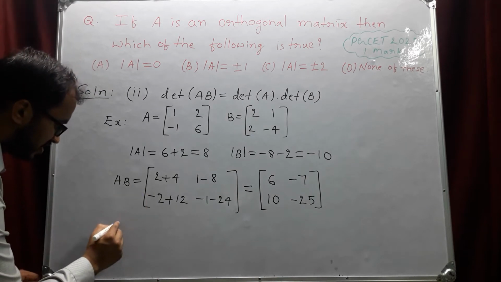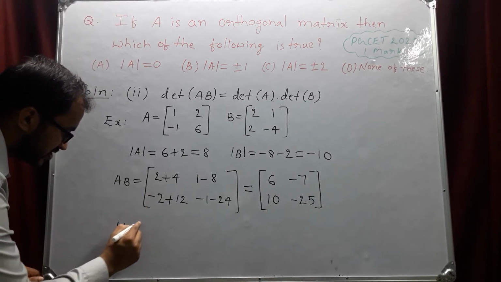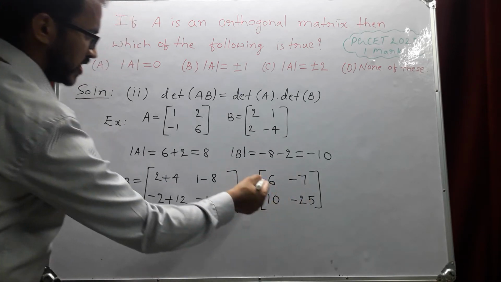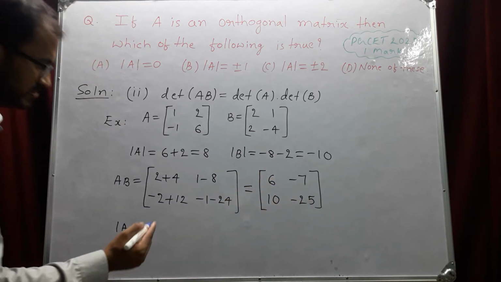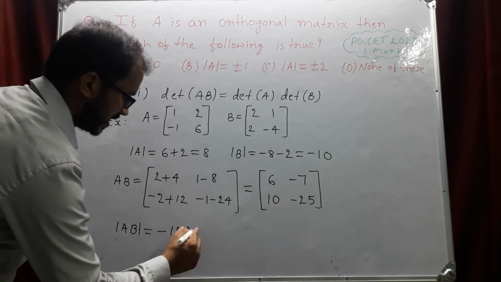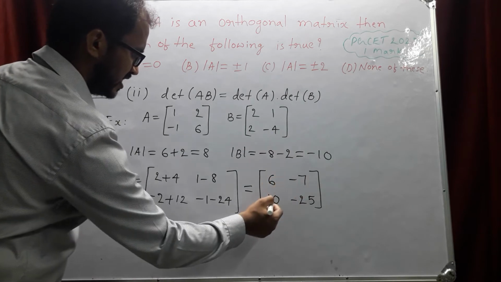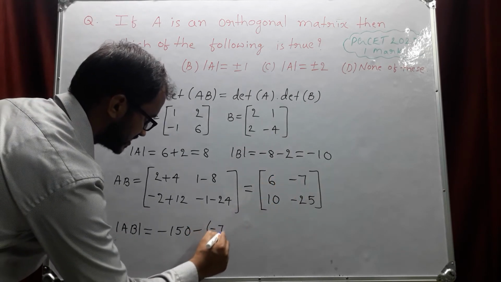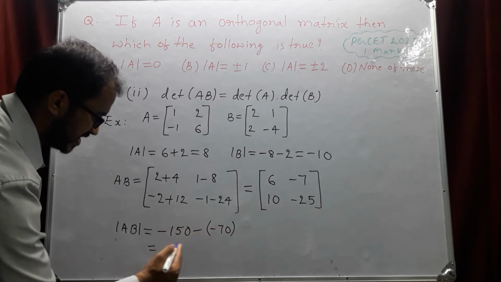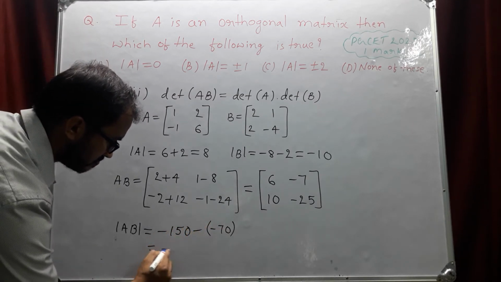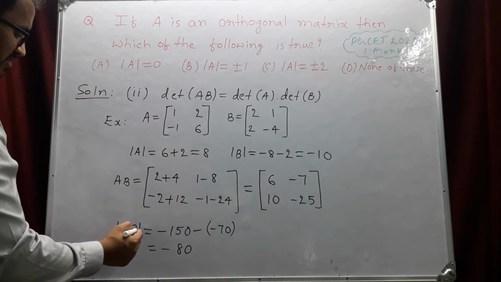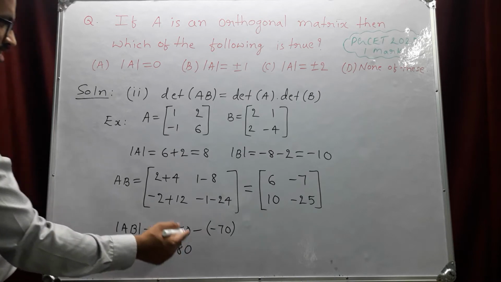Now determinant of AB becomes 6 into minus 25, that is minus 150, minus minus 7 into 10, that is minus 70. So minus 150 plus 70 becomes minus 80. So determinant of AB is minus 80.